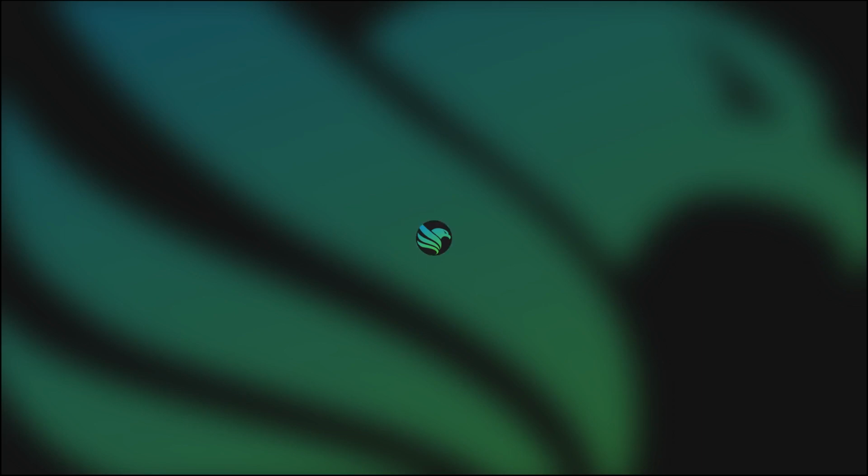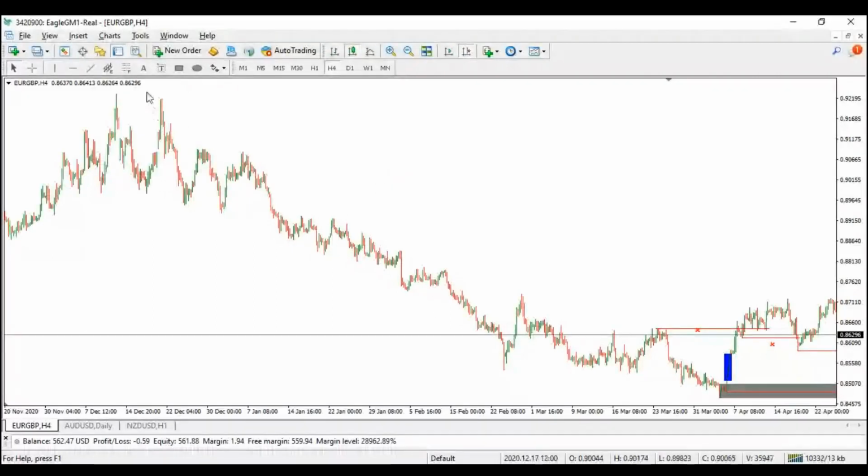Now how to use trend lines is easy. There are a lot of ways to use trend lines actually, but I'll just explain the basic way. You want to locate 2 points in price, which is this one and this one.